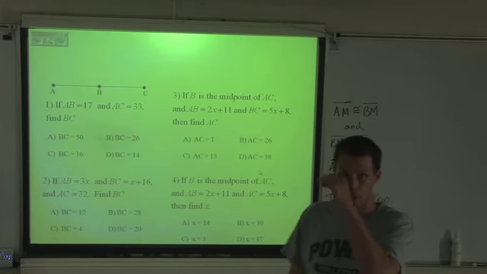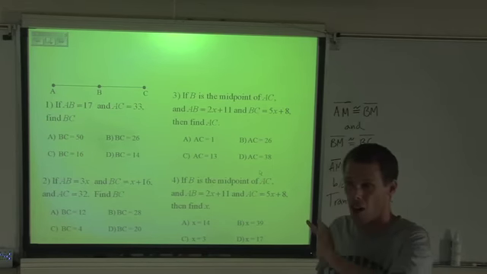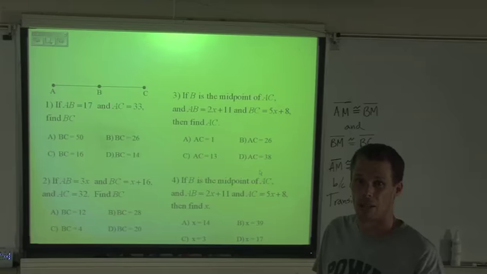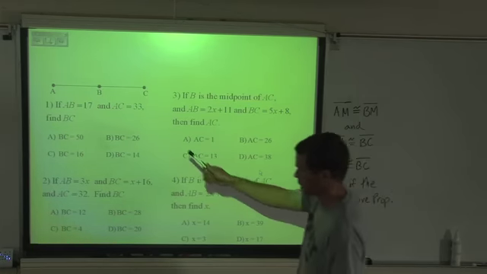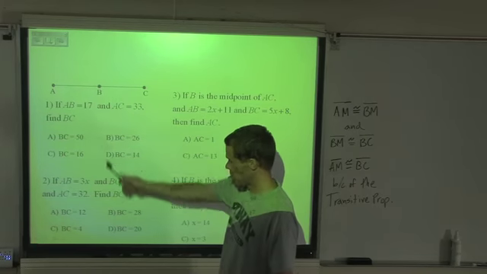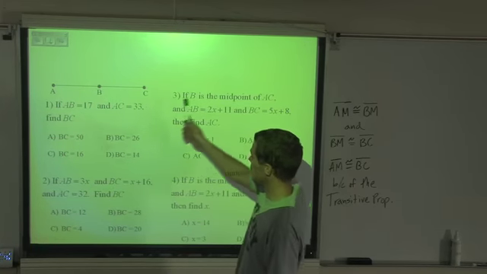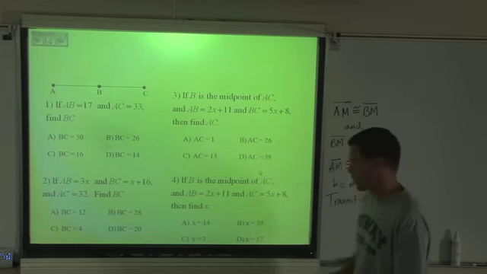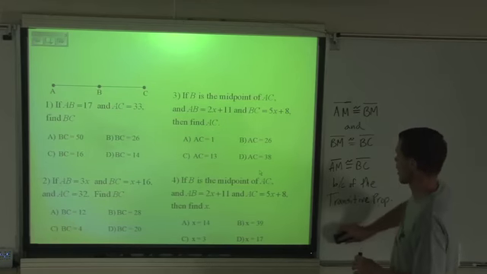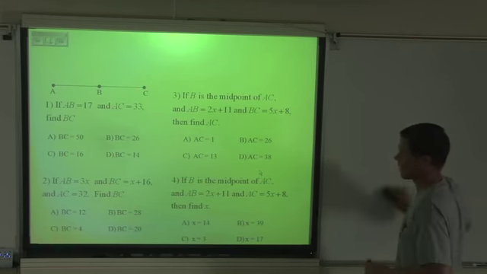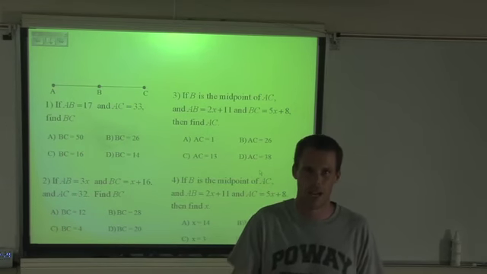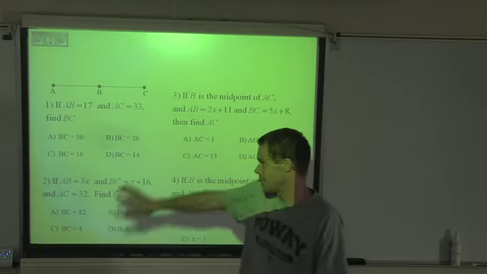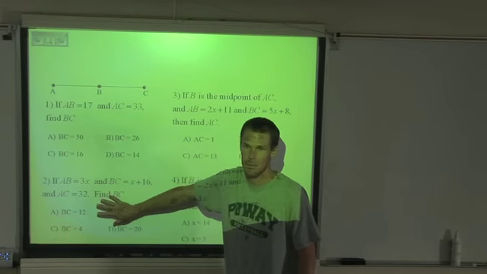Now, here are some problems for today. These are the examples that are much more algebraic based. We did see one example earlier of the segment addition, which will help you for segments 1 and 2. But when we jump over to number 3, I want you to notice these are each individual problems. So, when it says in number 3 that B is the midpoint, that is the first time that B is the midpoint. It is not the midpoint for these two problems.